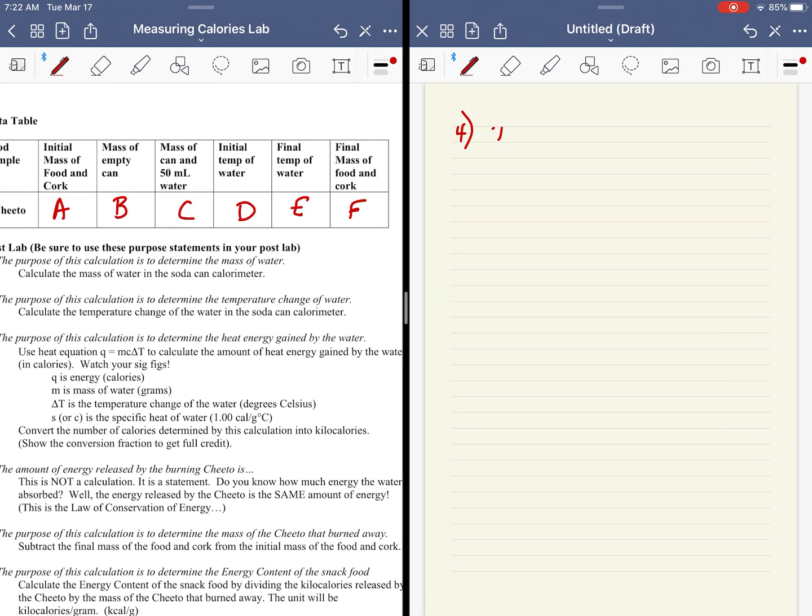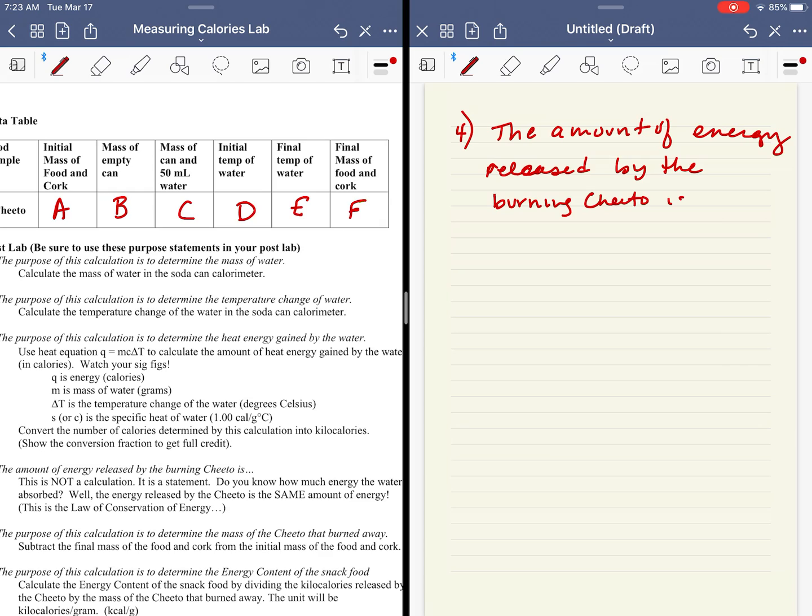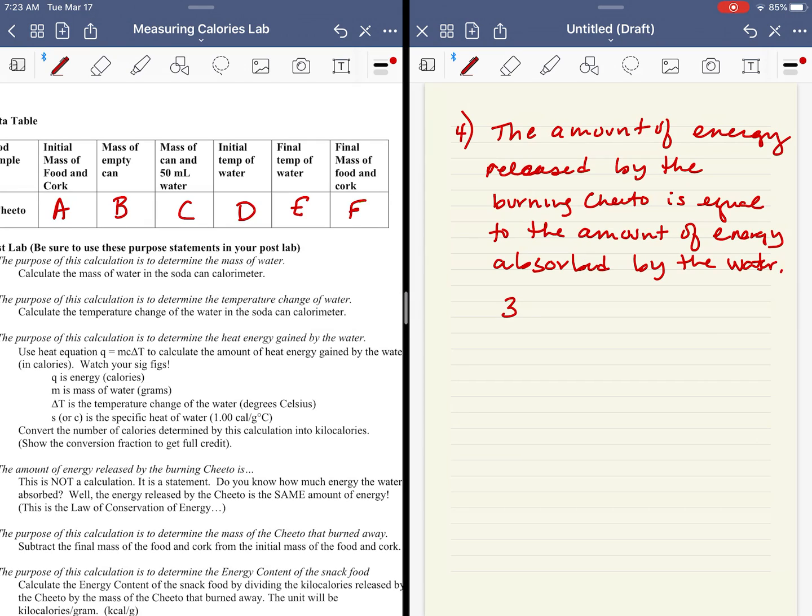So this is just a statement that says the amount of energy released by the burning Cheeto is equal to the amount of energy absorbed by the water, and which is equal to whatever you just got in question 3A.